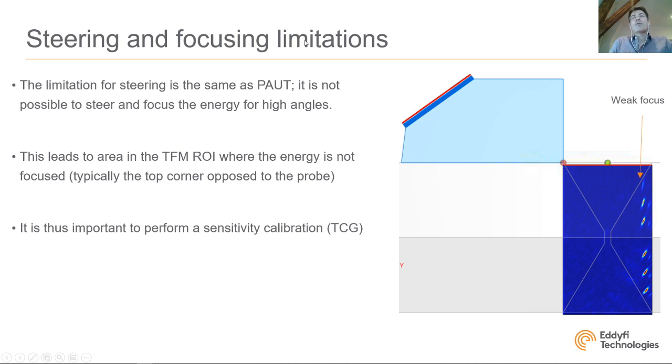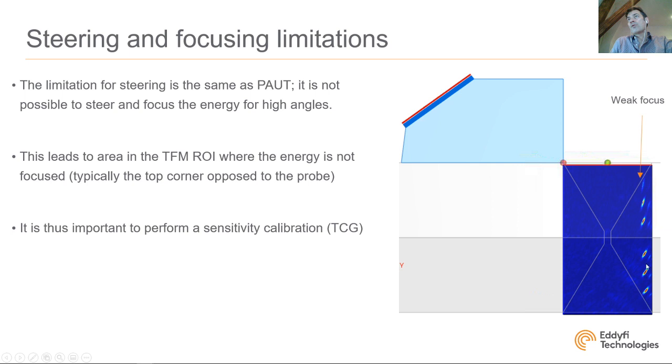So I just also want to say something about some of the limitations. Again, TFM is ultrasound. So when we have a probe like this, and we define our TFM for the first leg and second leg for weld inspection, when you want to look at this part of the TFM, so this is a very high angle, so it's very hard for the probe to focus the energy, very much like PAUT.